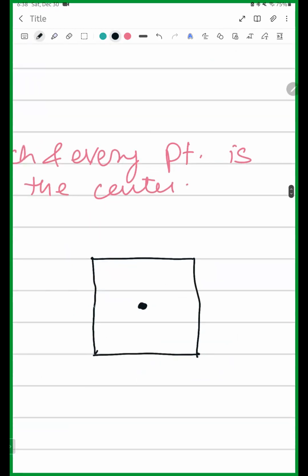We know that every figure, even a line segment, is made up of infinitely many points. When you join all these points together, you get this line segment, right? Similarly, a circle is also made up of infinitely many points. If someone asks you how many points are there on a circle, the answer will be infinitely many. Similarly, on a square also, there are infinitely many points.